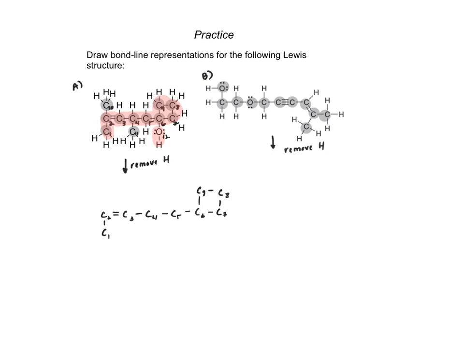We do have an OH group that branches off of our carbon 6, so we'll draw that. We're going to keep that hydrogen on because it's only the carbon-hydrogen bonds we're going to remove. On carbon 4 here, we have a CH3 group branching off, so we'll put carbon 11 down here, and then on carbon 2, we have a C10 group branching off for another CH3. Okay, so this is removed hydrogens.